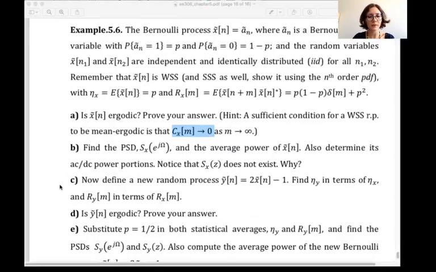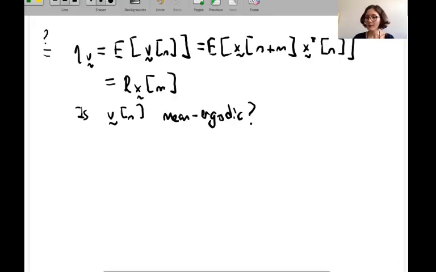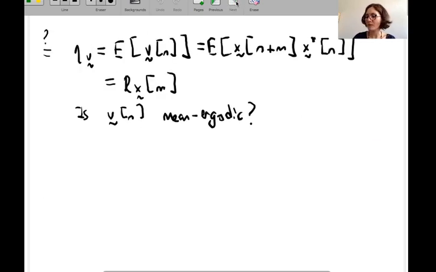Again, the trick will be to simply look at the autocovariance function of V of n. So let's check. Again, we're in a setting where we have fixed m. M is our special variable that we reserve for this situation. Now, if you just pick another dummy variable, let's just put k here, we are wondering whether the autocovariance function of V converges to 0 or not as k goes to infinity.